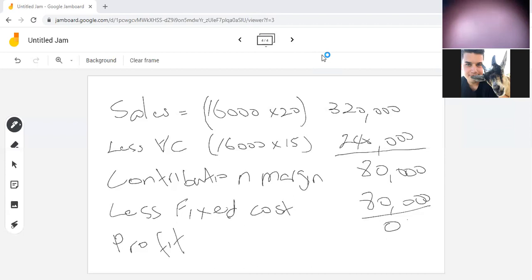Each bat sells for $25 and has a variable cost of 14. There's 40,000 in fixed costs involved in the production. A, calculate break-even point in units, and B, find the sales in units needed to earn a profit of 30,000. So, given that I have done the first question, I'm going to let you guys go at the second one. I'll give you 5 minutes.